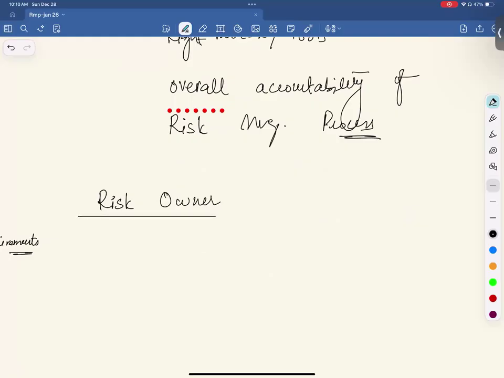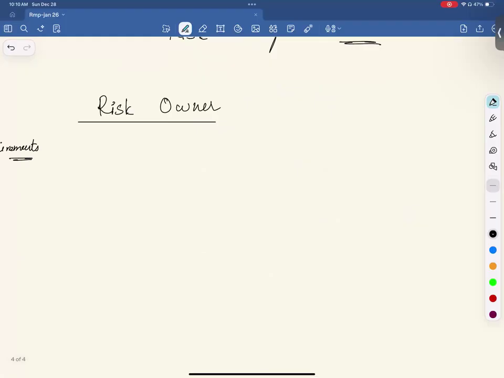So let's say we identified 5 risks in our project. Risk A is delay in supply. Risk B, let's say, is potential change in regulation.